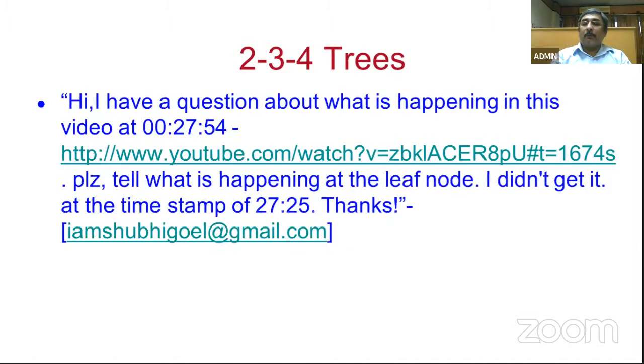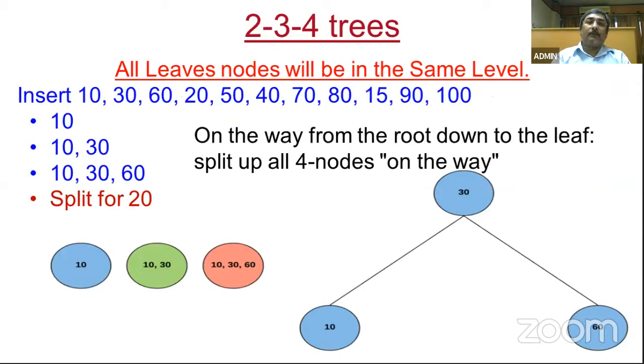The first thing is, a 2, 3, 4 tree has 3 types of nodes. It's called 2 node, 3 node, and 4 node, primarily depending on how many pointers are there associated with that particular node. For example, a 2 node has 2 pointers, therefore 1 data item.